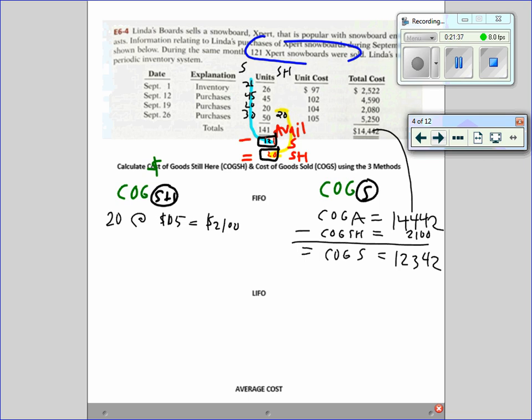Had I done it all reversed, I would have had a way smaller net income because my cost was so expensive. I didn't get to keep as much money. But then Uncle Sam sees that as, oh, you don't have to pay as many taxes on that. So sometimes people will do it that way as a tax savings. We'll get into that with LIFO.